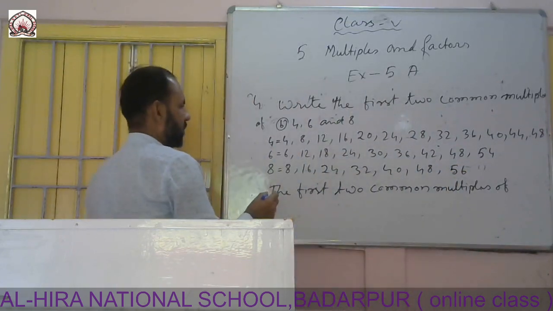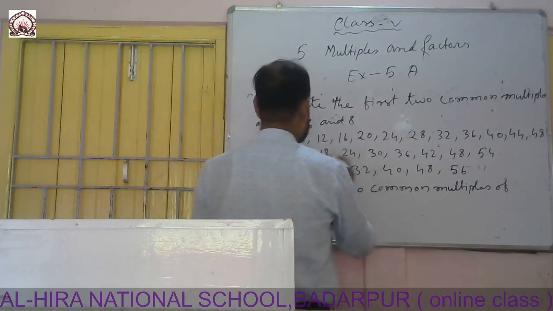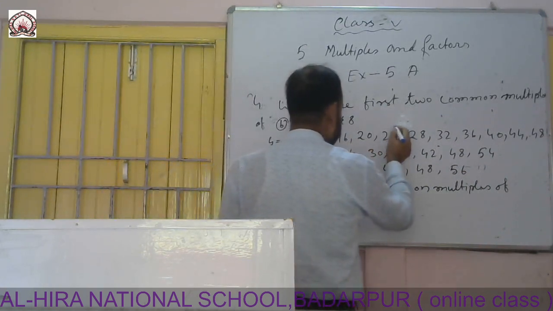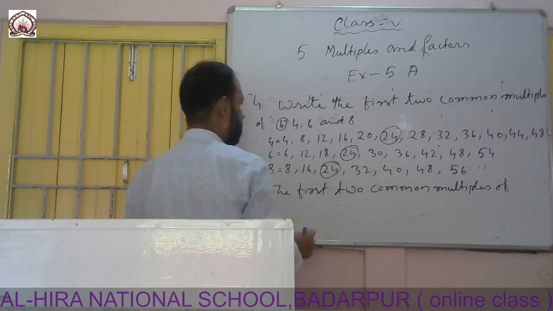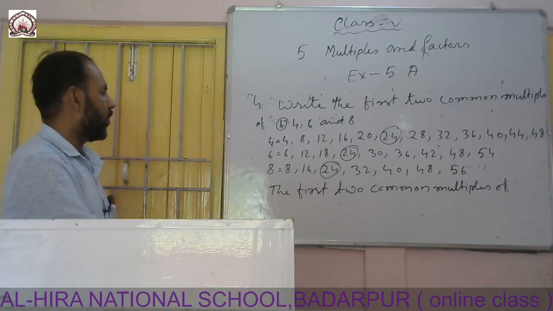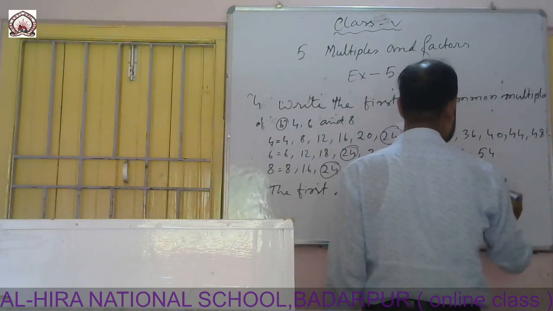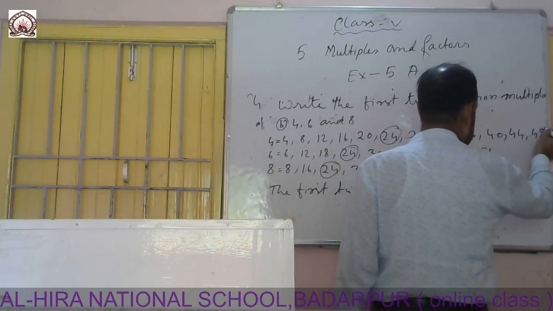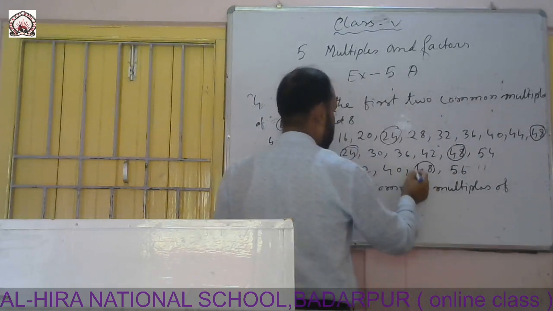So, 24. The first common multiple of 4, 6 and 8 is 24, and the second common multiple is 48.